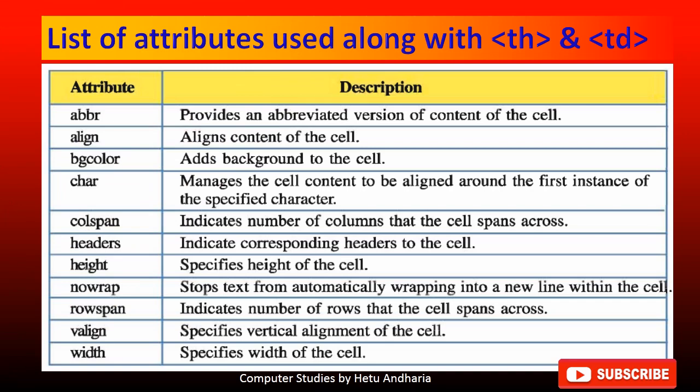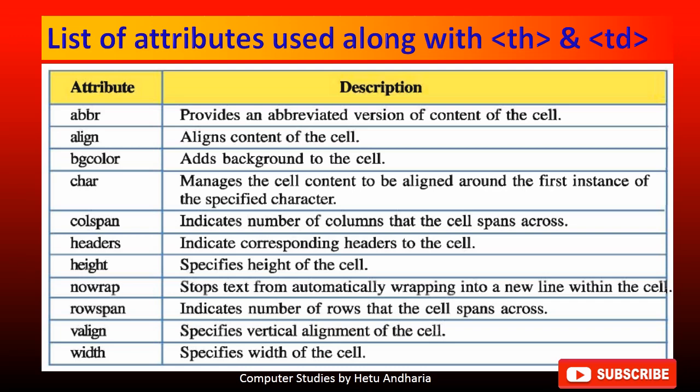These are the attributes which could be used along with the TH tag or TD tag. You should know all the attributes because they could be asked in MCQs also. First one is ABBR, which provides an abbreviated version of the content of the cell. The align attribute, as we all know, aligns the content of the cell. Then bgcolor, we know, is used to add background color to the cell.